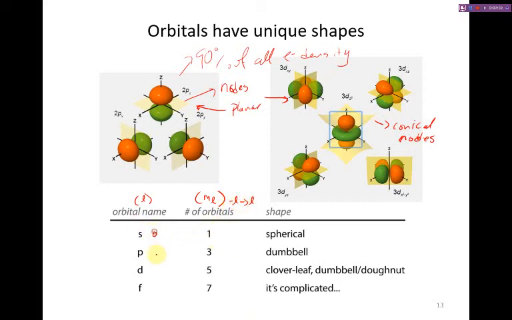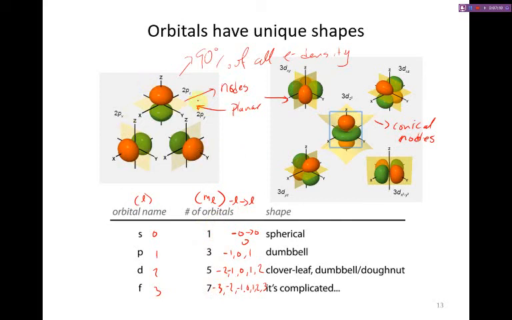So when l is 0, 1, 2, or 3, we can have 0, or just 0; negative 1, 0, 1; negative 2, negative 1, 0, 1, and 2; and then negative 3, negative 2, negative 1, 0, 1, 2, and 3. Corresponding to the numbers of orbitals.